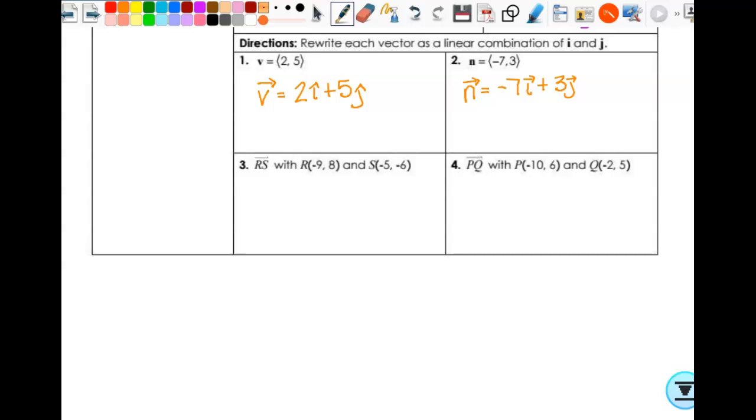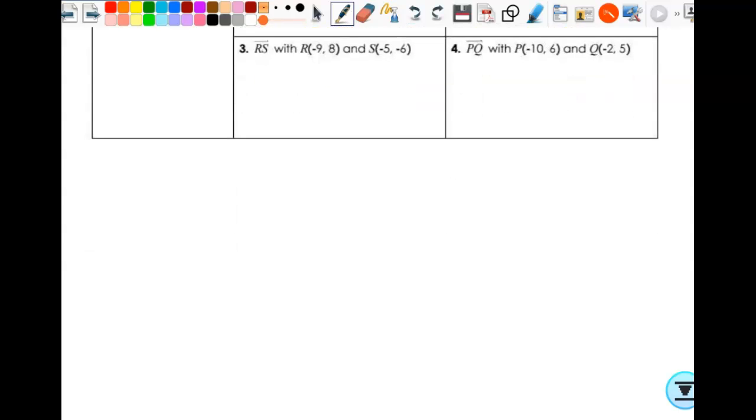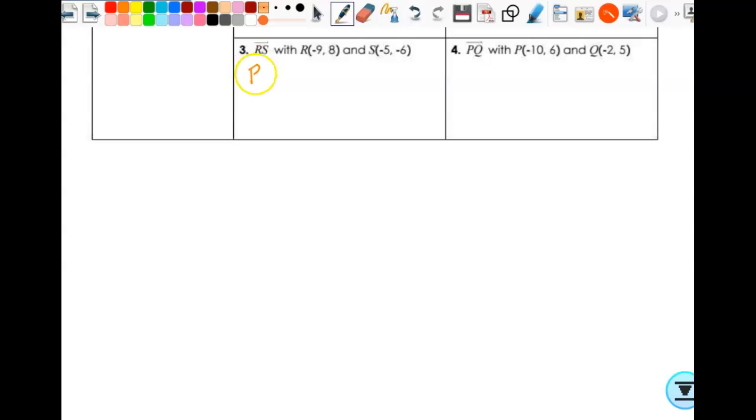Easy enough? We're good? Okay, so for 3 we're doing the same thing, but in order to get it in linear combination form, I have to know the component form. We know how to get component form from this because this is what we did yesterday. So I have vector RS, that's going to be, remember it's x2 minus x1, so I have negative 5 minus a negative 9, so that's a positive 4. And then negative 6 minus 8, that's a negative 14.